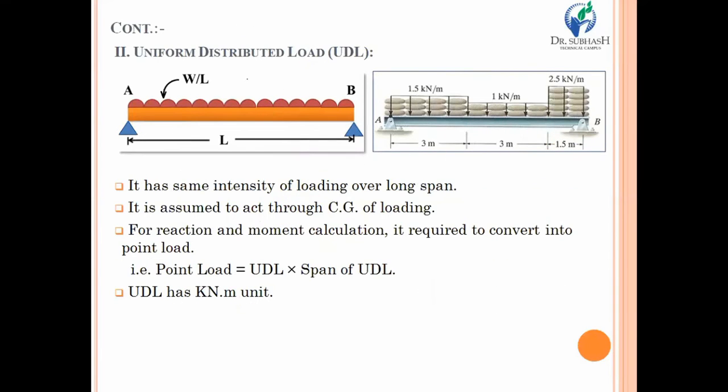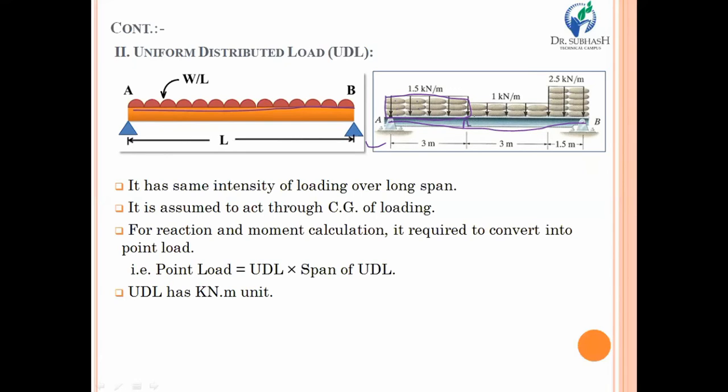Then the second type of load is the UDL, that means uniform distributed load. Its name gives the idea of what it is: a load which has uniform intensity throughout the span of the beam is generally known as a uniform distributed load. Look at the right hand side diagram. There is a beam AB, and look at this portion, for which the intensity of all the loads is the same from portion A to A dash.